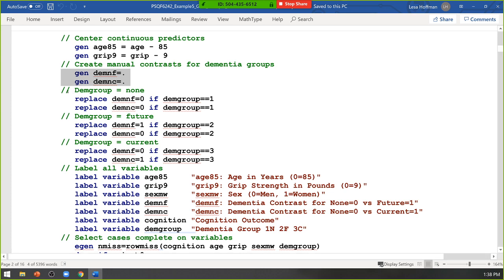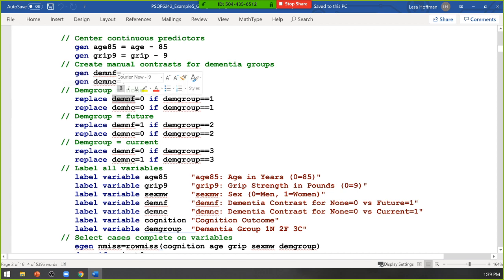Then I went through and reset the missing values to be zeros or ones, conditional on group membership. So if I didn't know which group a case is in, their variables that would go in the model would stay missing. That's the rationale for doing it this way.